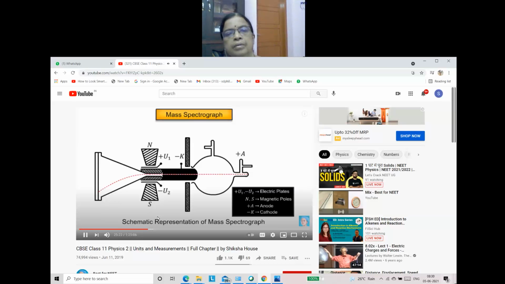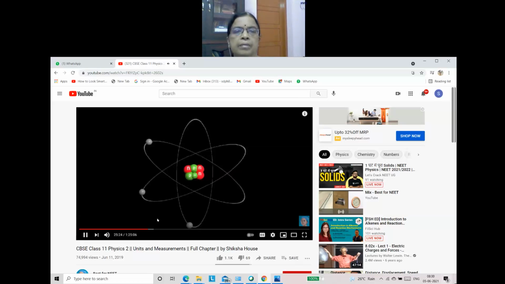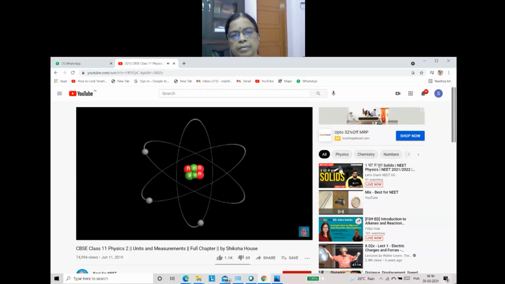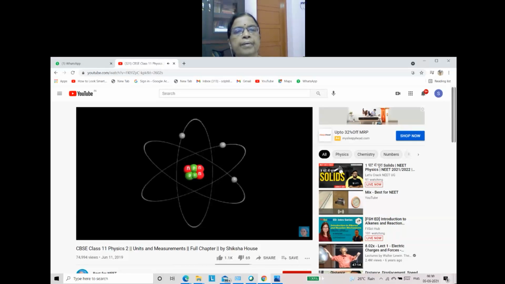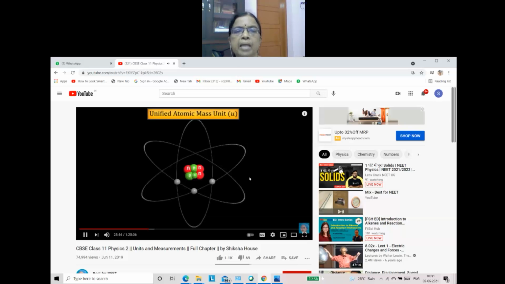The unit kilogram is not convenient for measuring the masses of particles like atoms or molecules. Hence, a convenient unit called the Unified Atomic Mass Unit, referred to as AMU in short, was established.